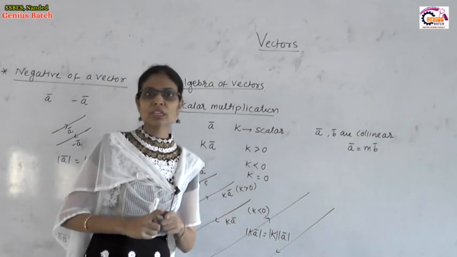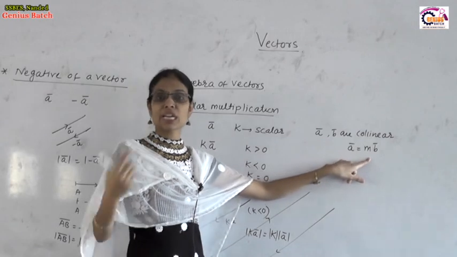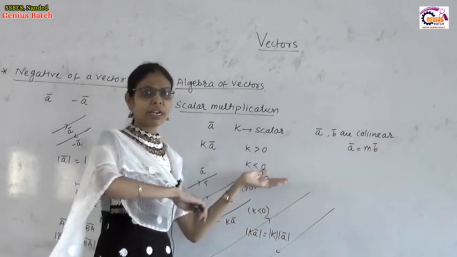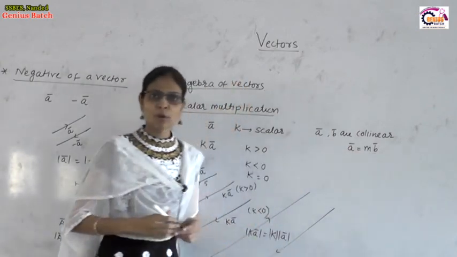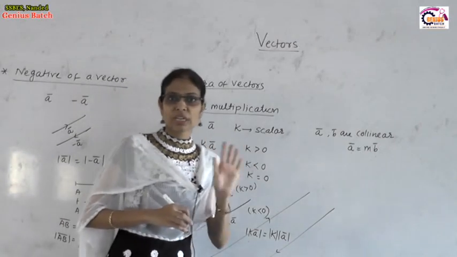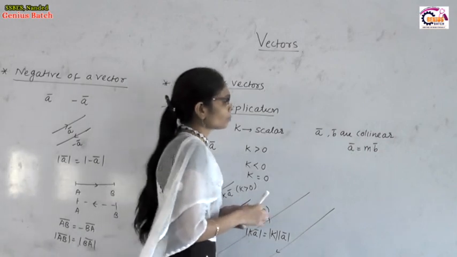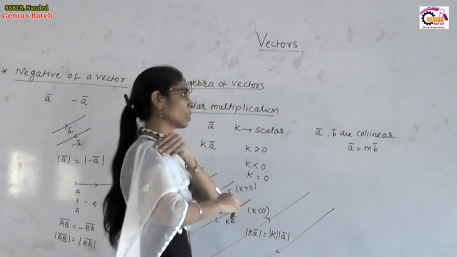So if two vectors are collinear, one can be expressed as a scalar multiple of other. Or you can write it in reverse direction also. If one vector is a scalar multiple of other, it means two vectors are collinear vectors. Okay, so this is the scalar multiplication of two vectors.